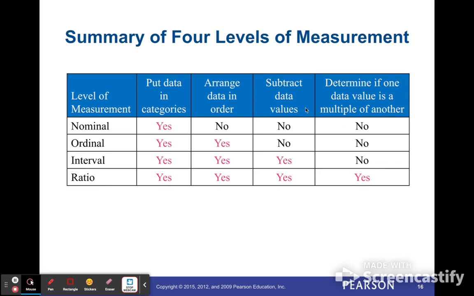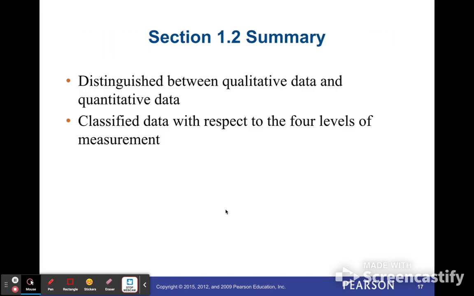As you can see the differences, you can do differences in interval and ratio. Multiples are just simply ratio. Arranging data in order, you can do that here except for nominal. So from here you already finished section 1.2.